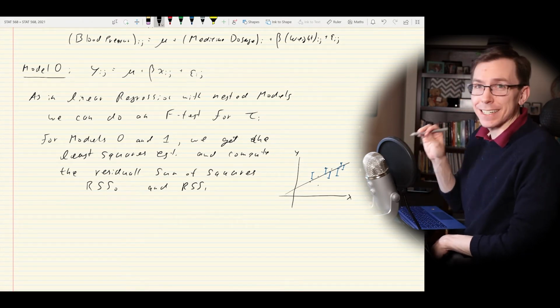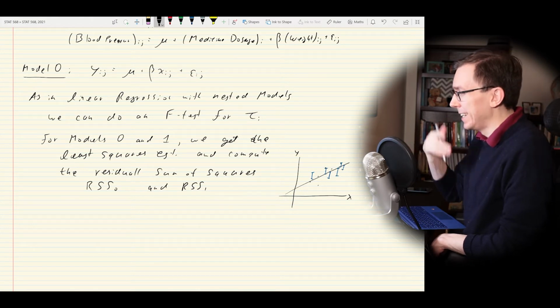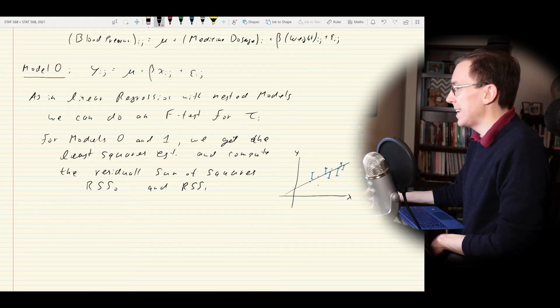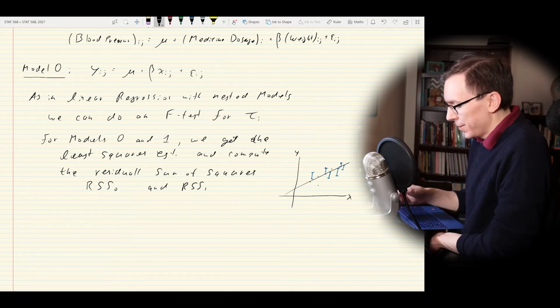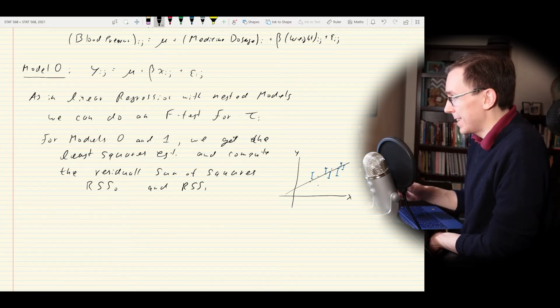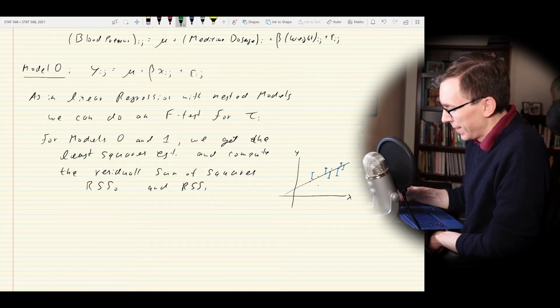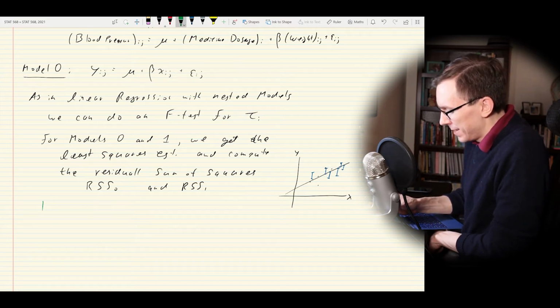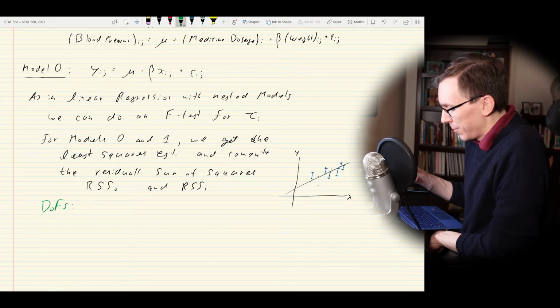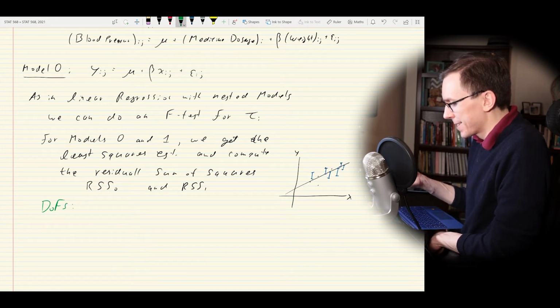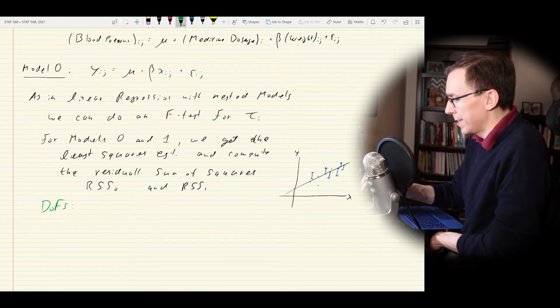But in this case, we're actually really interested in the tau I in the design of experiments setting. So what we do is we get an F statistic. Well, I guess actually, first of all, we need degrees of freedom. So what I should say is we have two residual sum of squares, and they both have degrees of freedom.